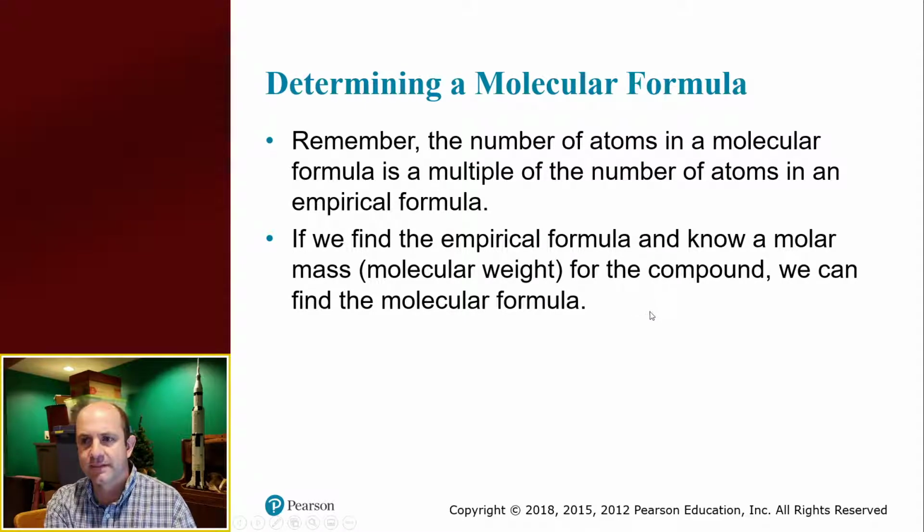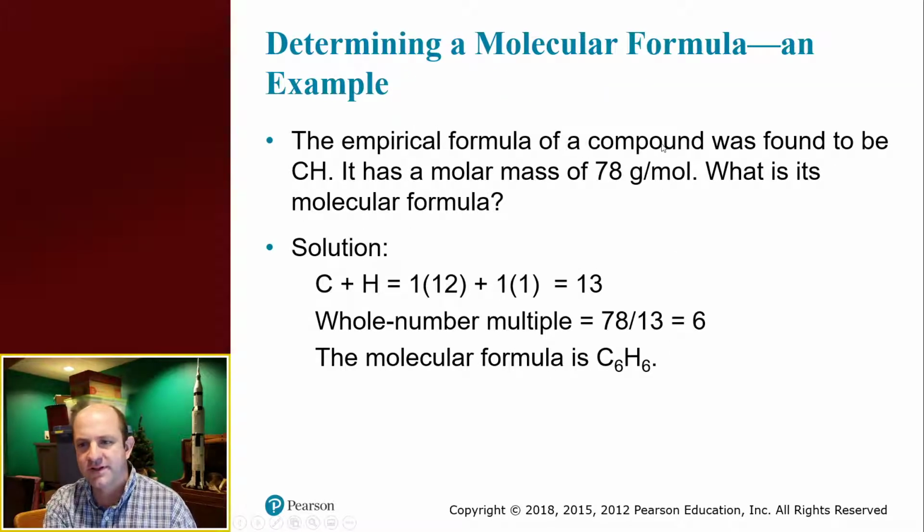But if the molar mass is double what we got for the empirical, well, then we need to double our formula or triple it or quadruple it, whatever the ratio is between the molar mass and what our empirical formula has for its mass. So for instance, say we got an empirical formula that was just CH, and then we're given extra information that the molar mass of this compound is 78. Well, what's the molecular formula?